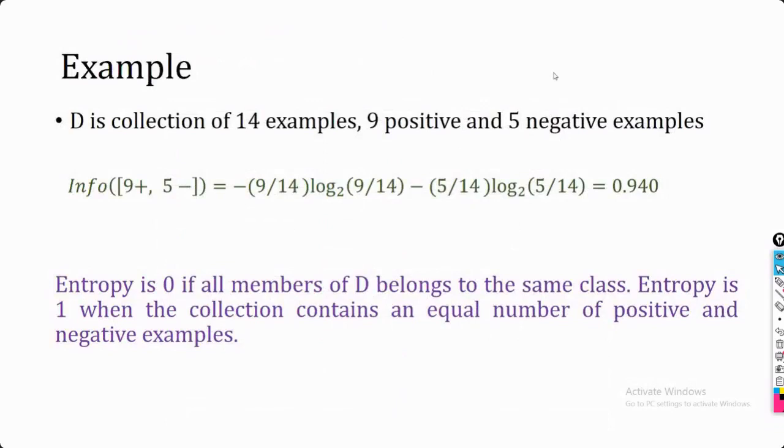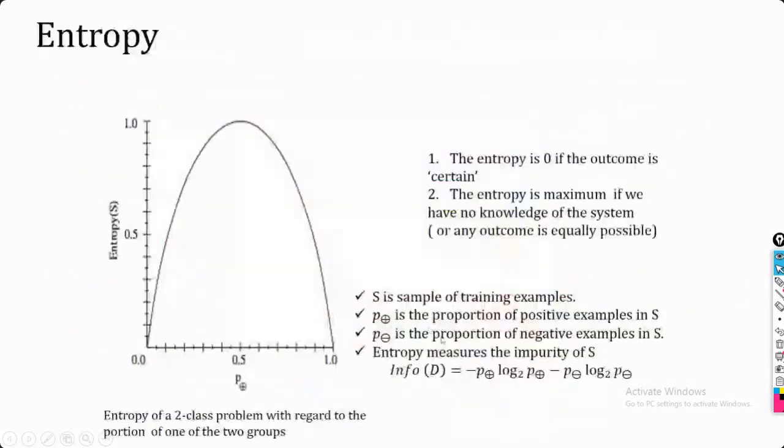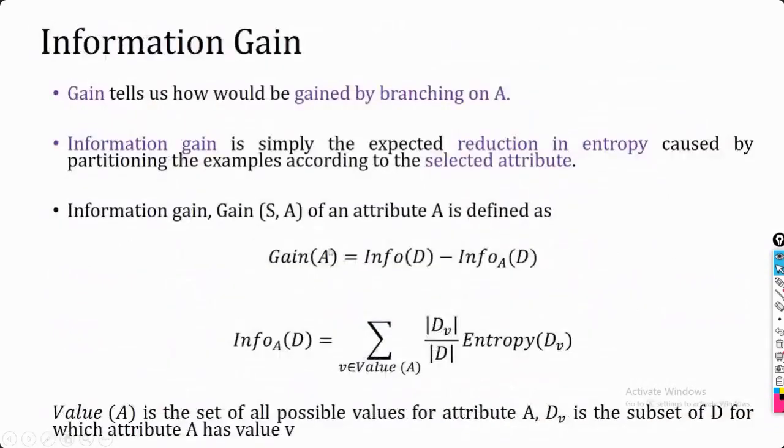So first, we have these two equations. The first one is the gain of the attribute, which we define in terms of the attribute. Next we are going to calculate the entropy with respect to the attribute value combination, so that we will see. Okay, first I am going to calculate the entropy with respect to the data.